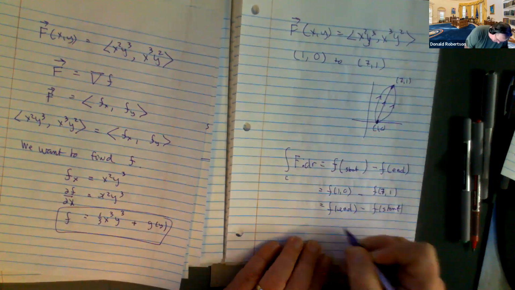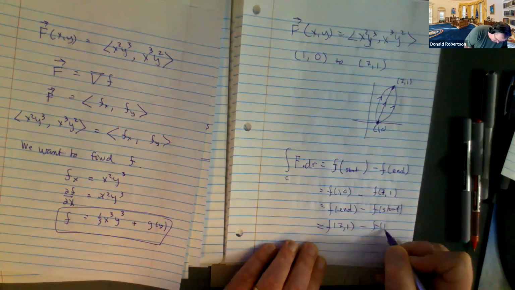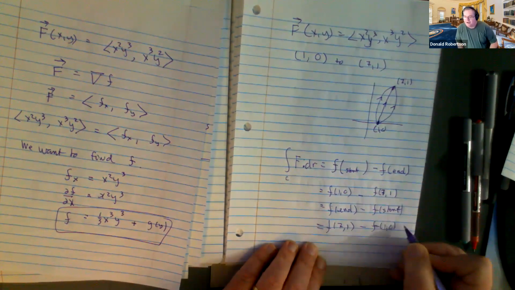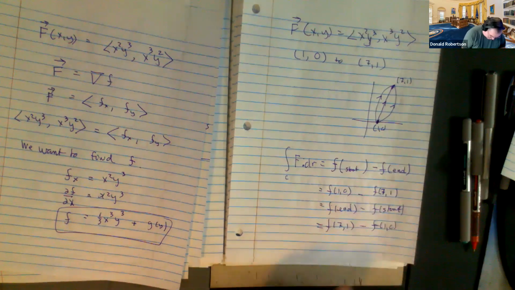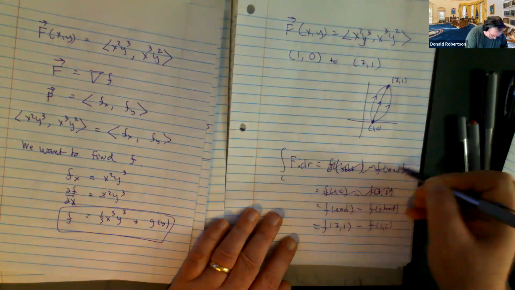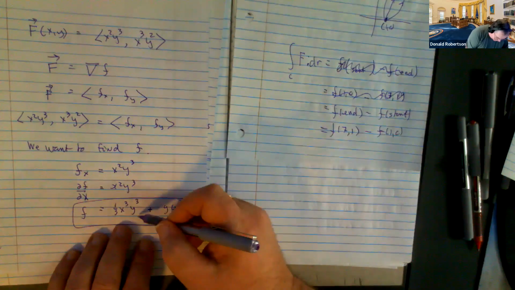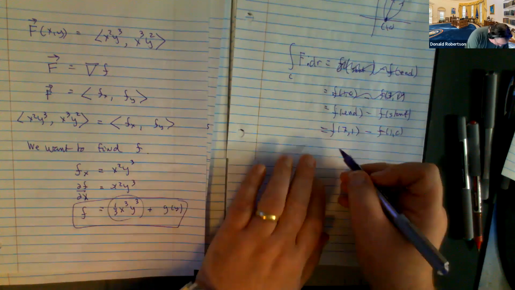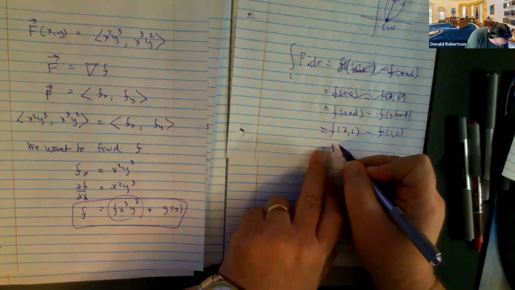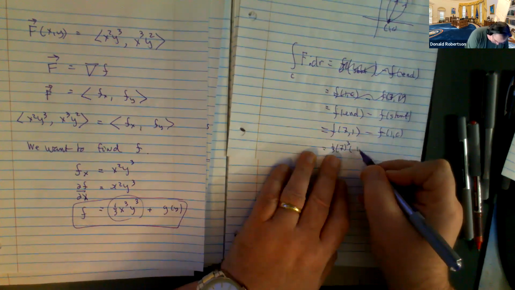So (7, 1) take away (1, 0). It's always end take away start, right? B take away a. So pretend that bit's not there. Right. I got my function. It's this fella. It's going to be 1/3 times 7 cubed times 1 cubed.